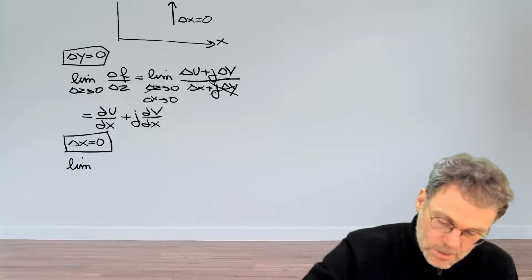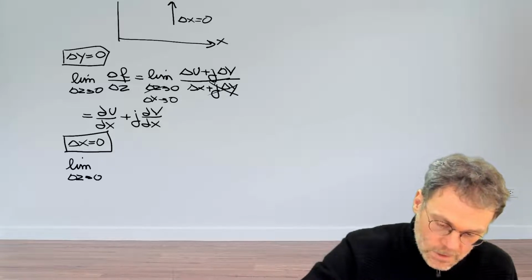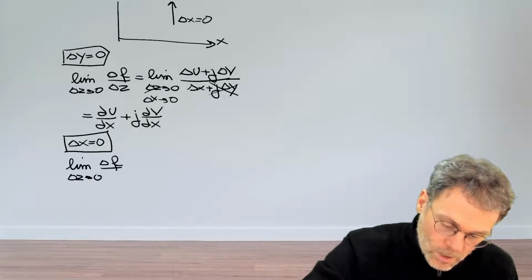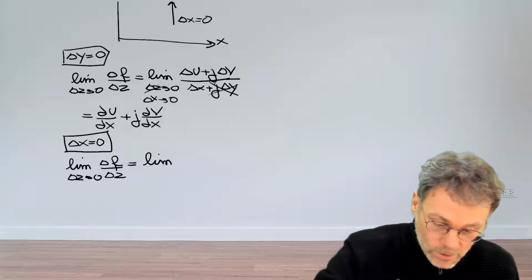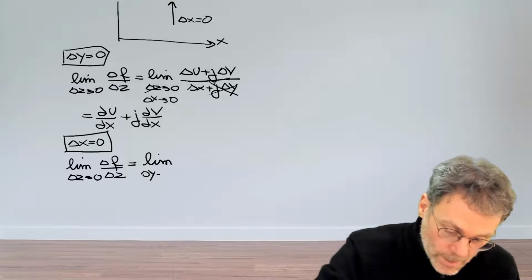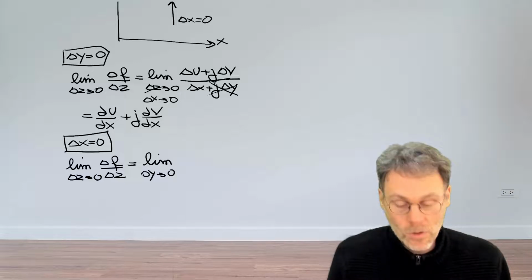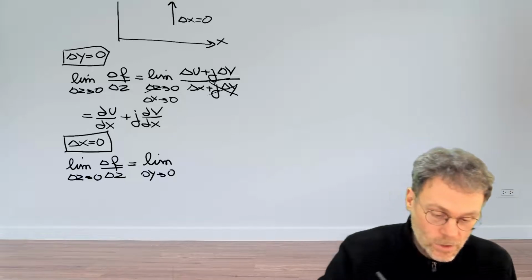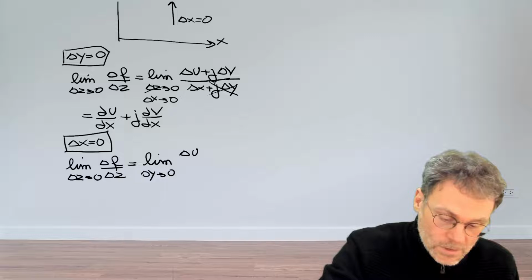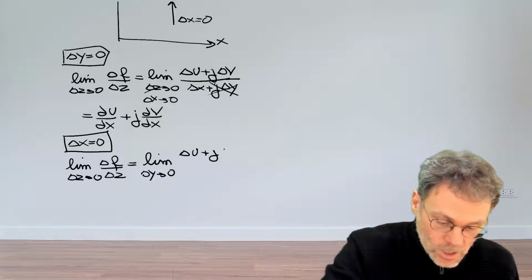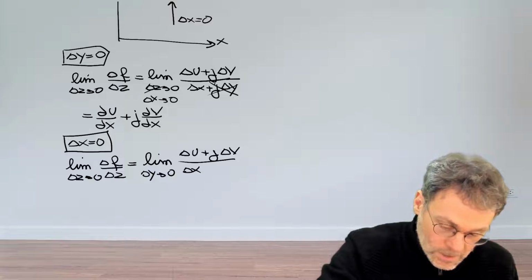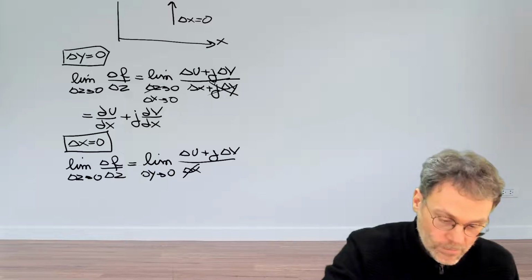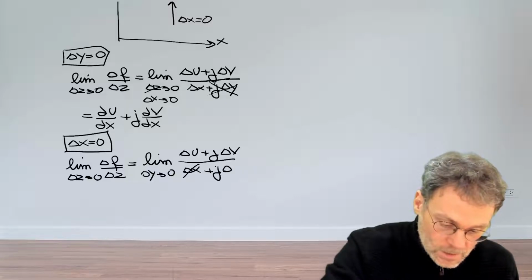So in that case, the limit of delta z going towards 0 of delta f divided by delta z will be a limit of, well, now it will be delta y going towards 0 because delta x is equal to 0. And then we have delta u plus j delta v, and this time delta x is equal to 0. And here we have j delta y.